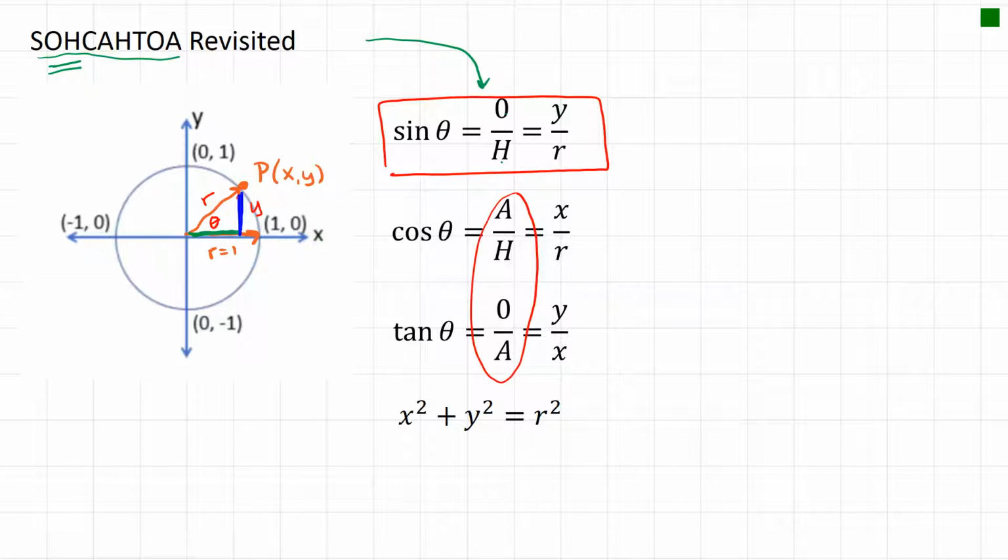And we're going to be using these for the most part for the rest of the lessons. The other thing you might recognize here, this is Pythagoras, a squared plus b squared equals c squared in disguise, because notice the c, which is the hypotenuse, in our case is the radius. So from now on, we'll see x's, y's, and r's instead of o's, h's, and a's.